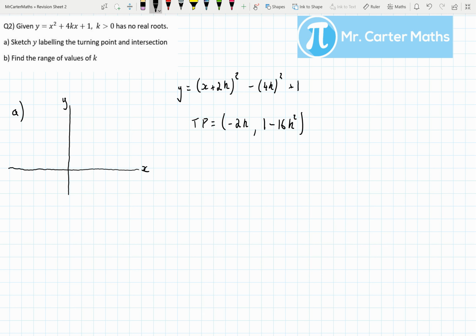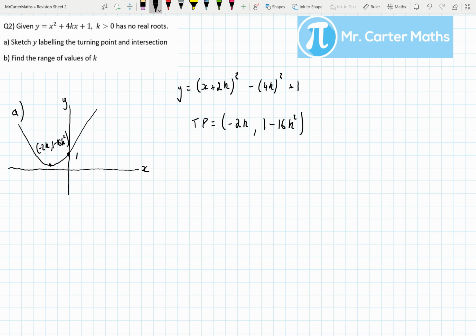My turning point's on the left hand side, so I'm going to have something like this. I know that point there is 1, and I know my turning point is minus 2k, 1 minus 4k squared.